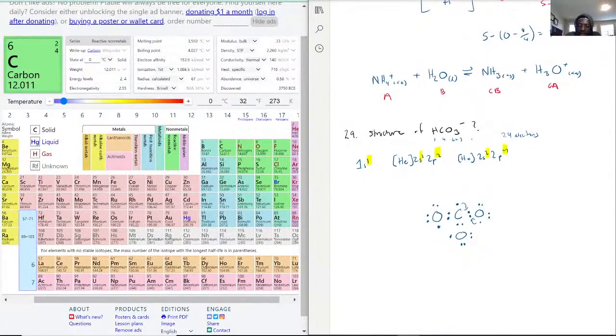Because right now we have only 22, I believe. So 2, 4, 6, 8, 10, 12, 14, 16, 18, 19, 20, 21, 22 electrons. So put those over there. That will make a double bond there.